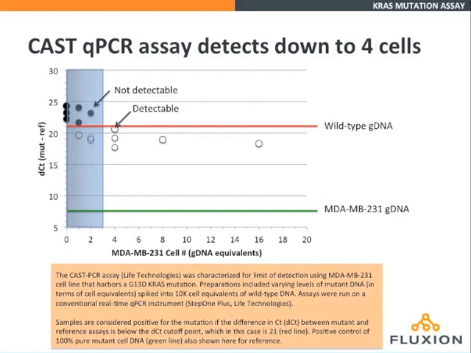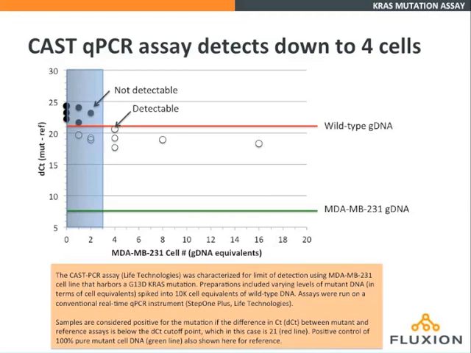So this is an example of some of the experiments we did. Here we just took gDNA equivalents from a cell line, MDA231, that's heterozygous for a KRAS mutation. And what you can see, as expected, is that the delta CT numbers increase as you go to lower and lower cell equivalents in the sample.